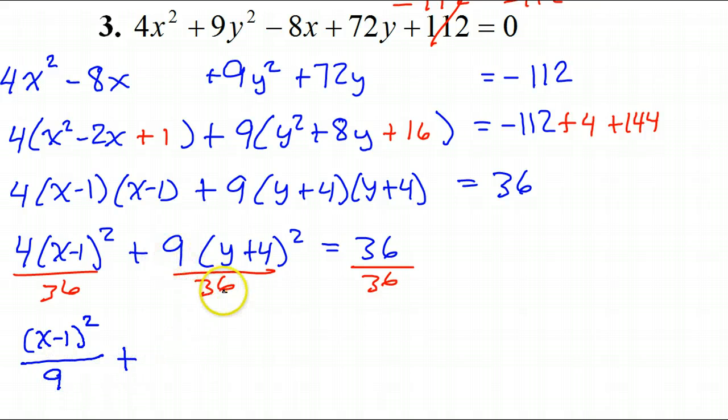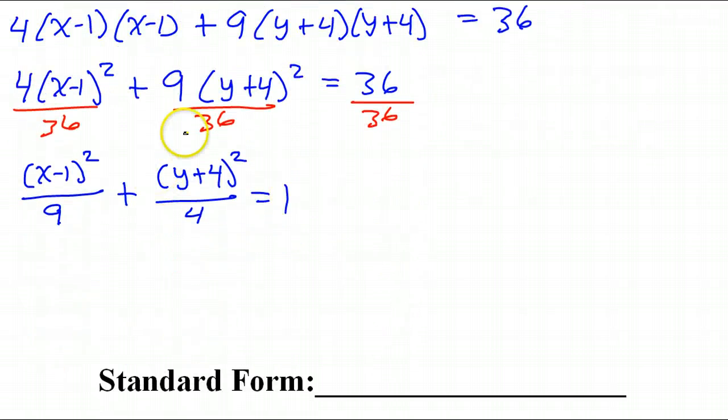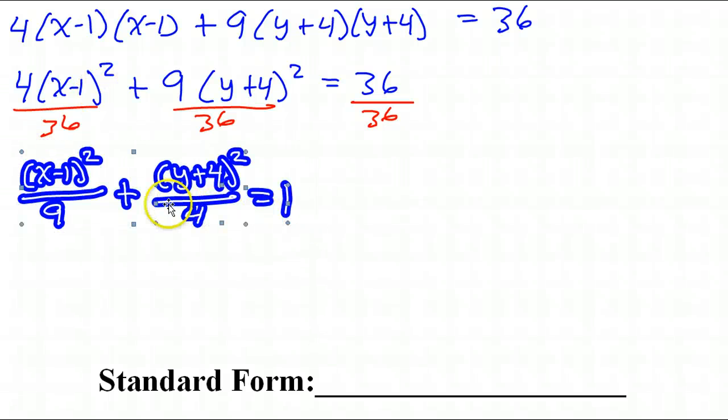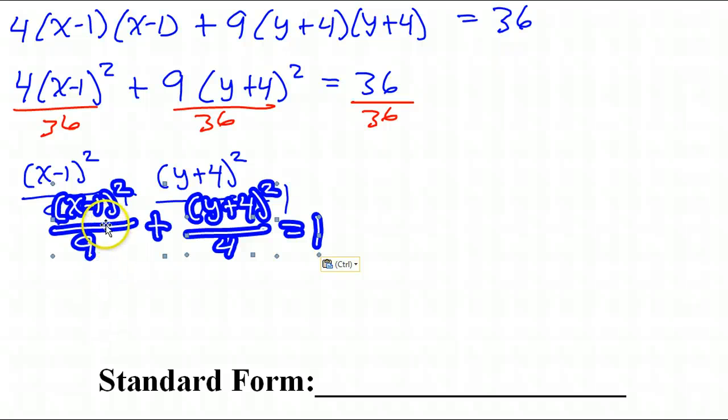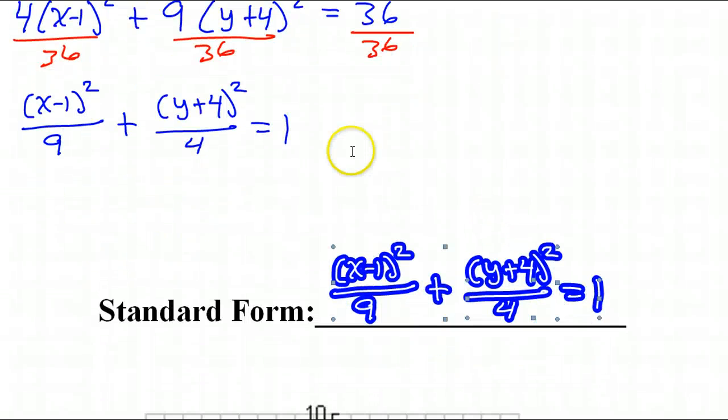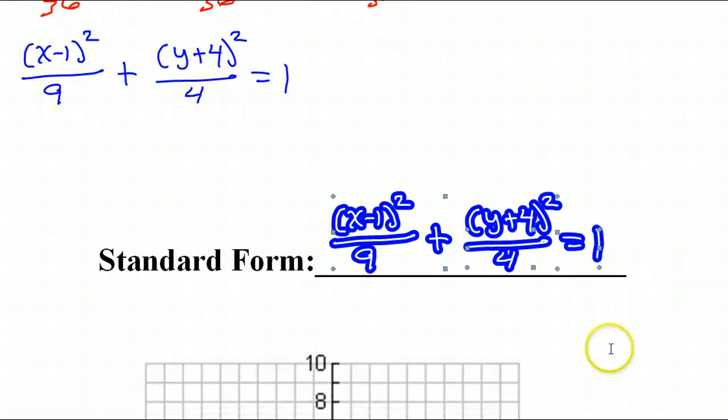And same thing here, 9 goes into 36 4 times, so I'll have y plus 4 squared over 4 is equal to 1. Now this is the standard form, so let's go ahead and copy that down, put it on the line where it belongs.